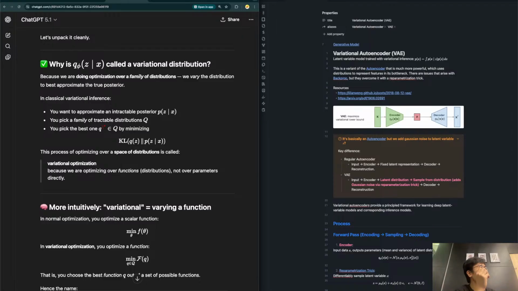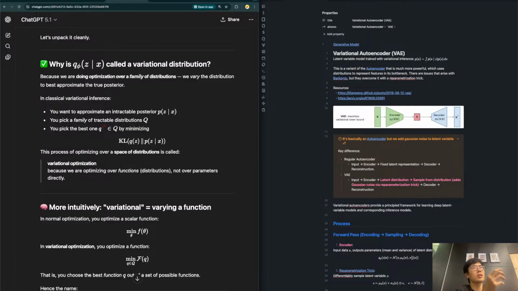And so the way we learn this is we condition it on some latent variable Z, right? So we first sample from Z and then condition P on Z, right? And our goal is to essentially maximize the log probability of P of X, where X is sampled from our distribution, right?